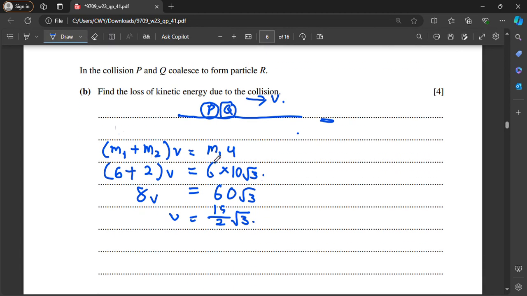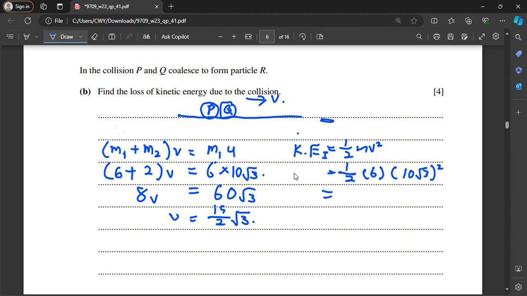So here I won't change. I have to find the loss, so I can find the kinetic energy for P. Your initial KE is P moving only, so that's why it's 1 over 2 m v squared initial. So you will have 1 over 2, my mass 6, times 10 root 3 squared.